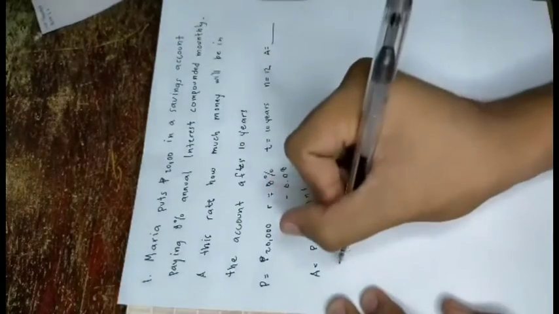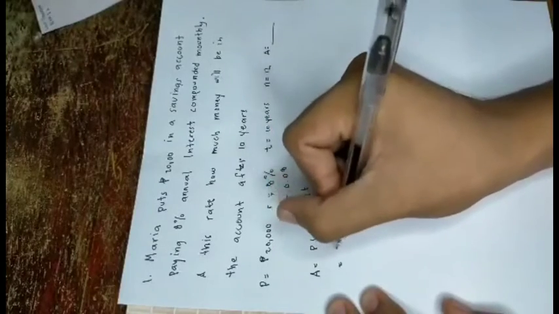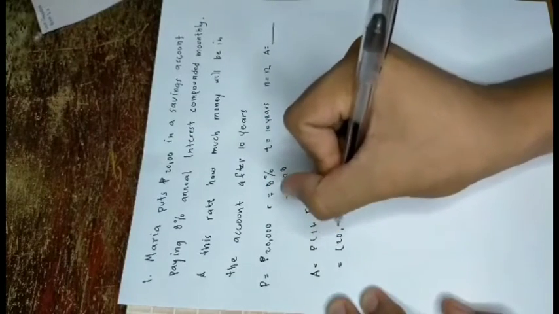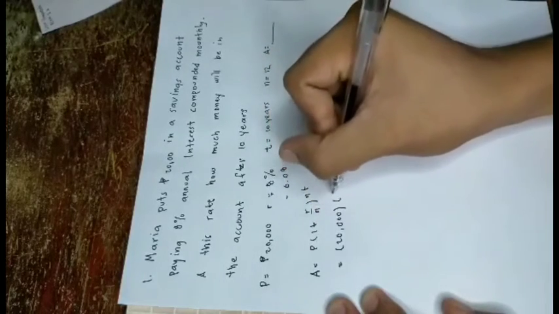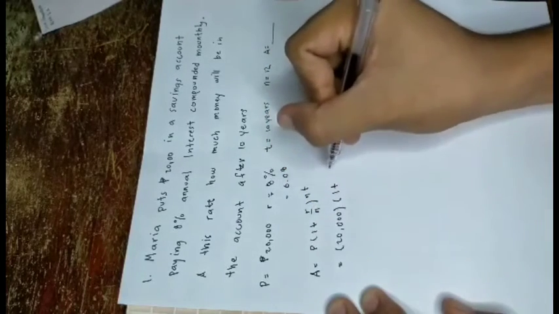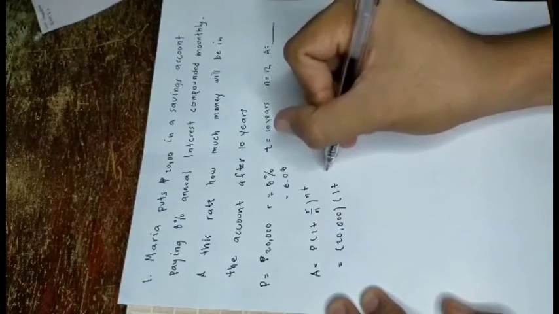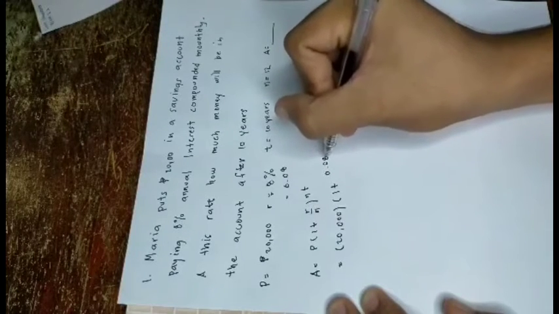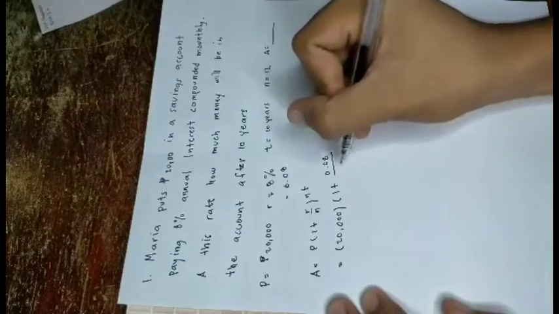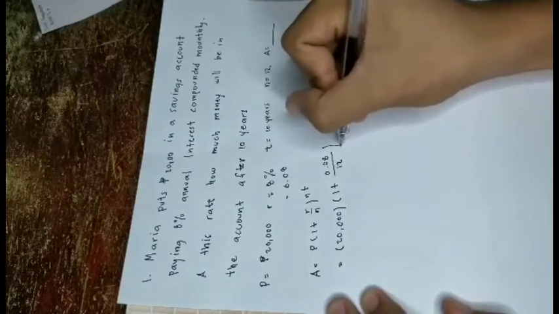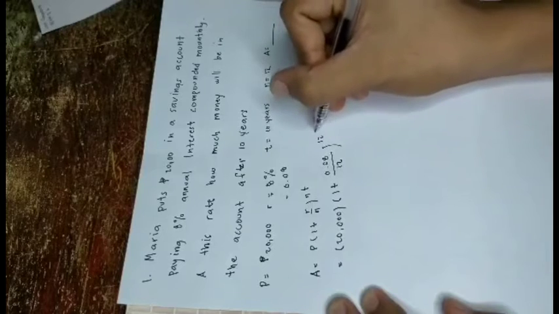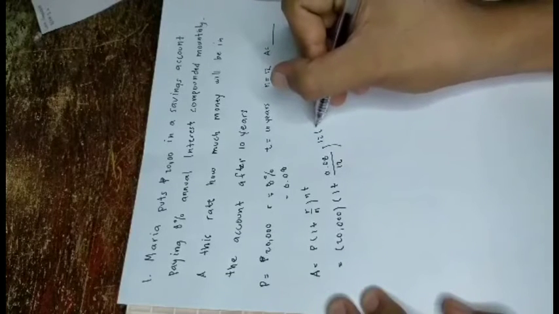And we have principal as 20,000 multiplied by 1 plus R, the interest rate 0.08, over the number of periods, 12, raised to 12 times the years, that is 10.